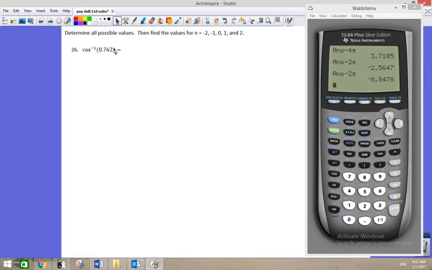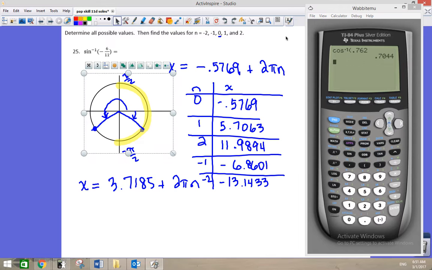Let's do the same thing here. If we go inverse cosine of 0.762, it's going to return an angle that's up in between 0 and pi.